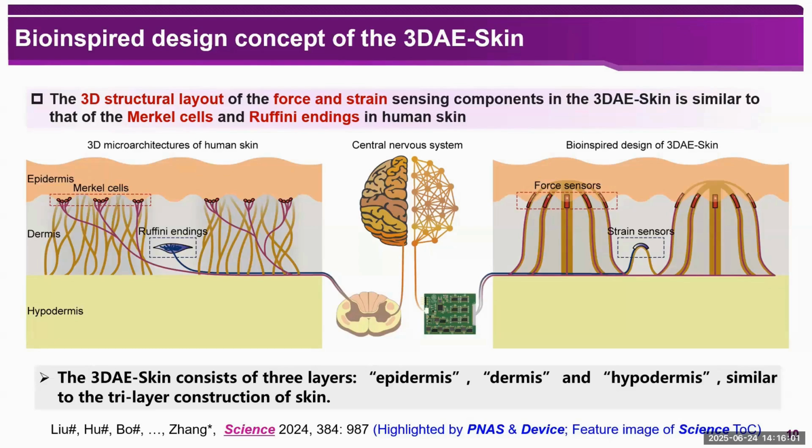So to this end, I have introduced the bio-inspired design concept of the 3D e-skin, but how to fabricate it, especially noticing that the mechanoreceptors in our human skin have a very high density distribution. And the spacing between those mechanoreceptors just ranges from around 100 micron to several hundreds of micron.